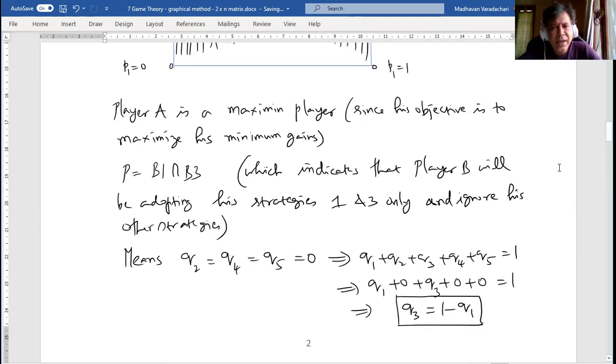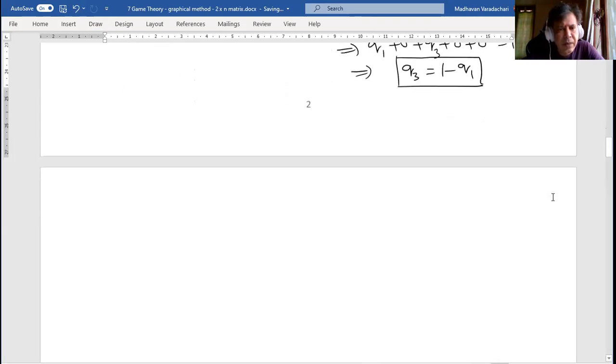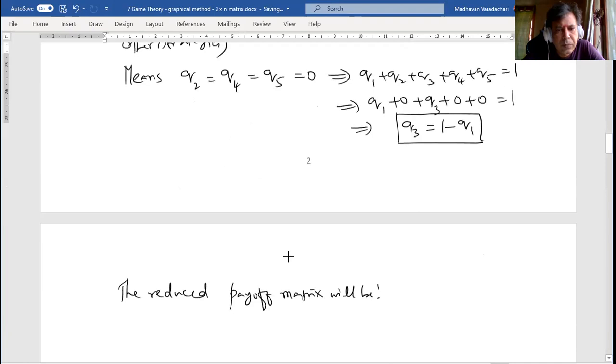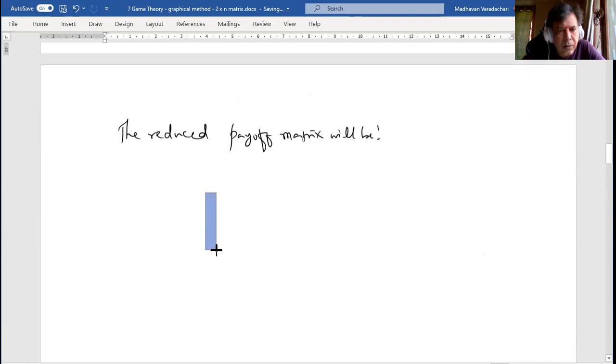Now we can reduce the payoff matrix. The reduced payoff matrix will become, because he has ignored his 3 strategies, a 2 by 2 table. We can draw a 2 by 2 matrix.